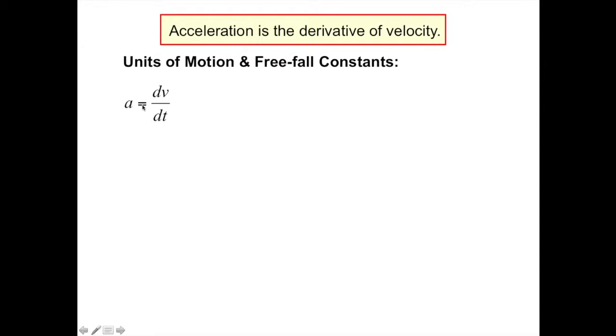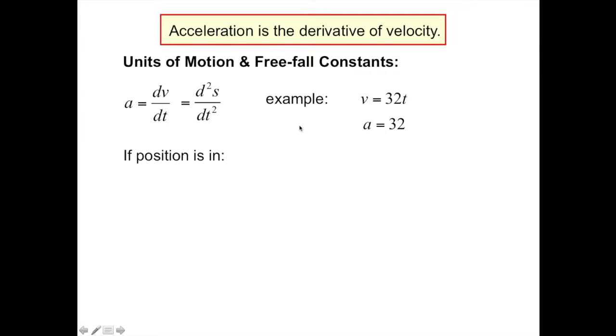So if we extend that then to higher order derivatives, we know acceleration is also a rate. It's the rate of change in velocity. So it must be the derivative of velocity. So if we look at our acceleration being the first derivative of velocity, then if we talk about higher order derivatives, velocity is itself a derivative. So it's the derivative of a derivative. So it's a second derivative of position.